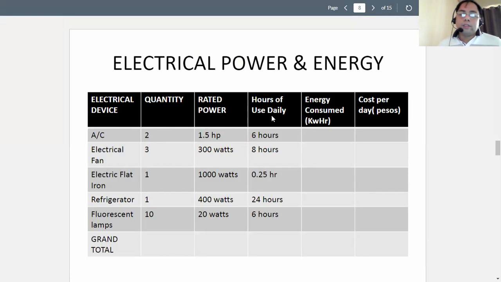So if this is the daily use in number of hours for all of these equipment, then we need to multiply the rated power with the quantity and the number of hours to be able to calculate the energy consumption.